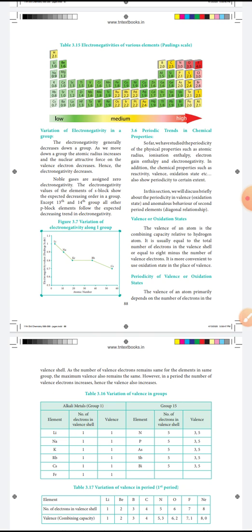It is usually equal to the number of electrons in the valence shell, or equal to 8 minus the number of valence electrons. Valence electrons means the outermost shell electrons. If the number is 8 or below, that number is the valence. If it is more than 8, subtract it from 8.